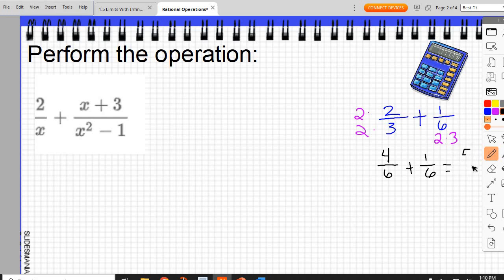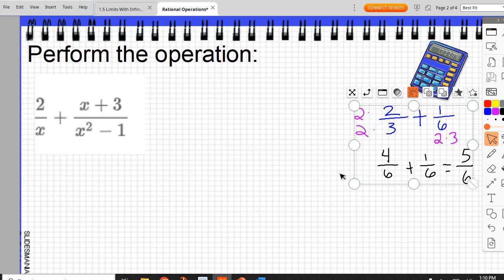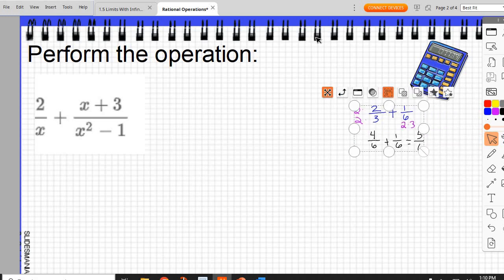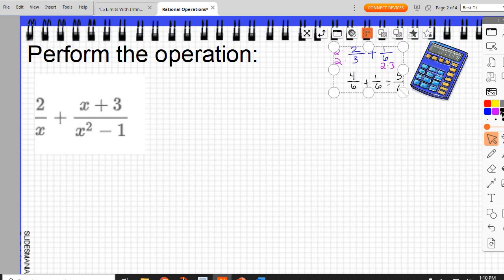Okay? Now, if we add in variables, our process is still going to be quite similar. The only difference now is that when we look at our factors, we have x's in them, which means that we might have things that we have to factor ourselves in order to find our factors. So in this case, which one of our things factors?